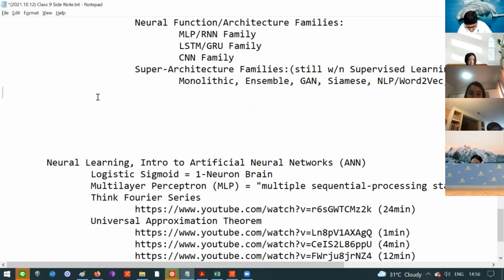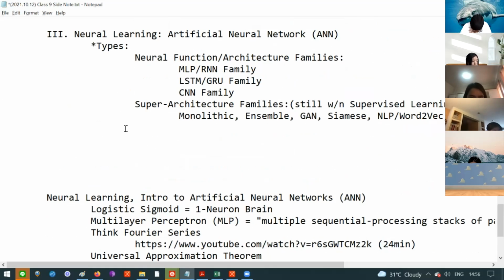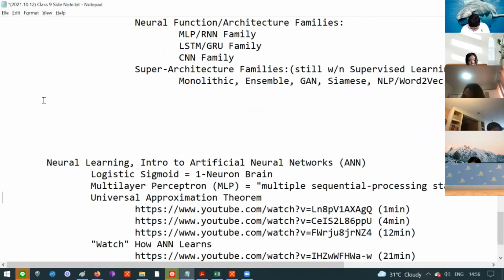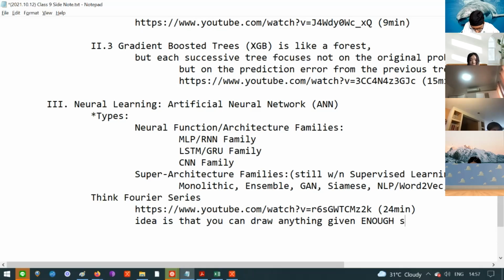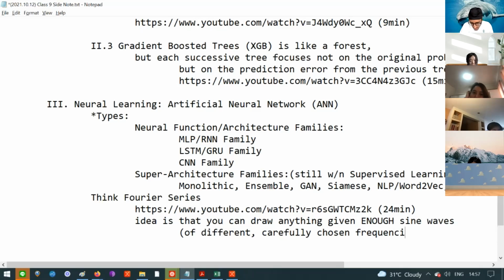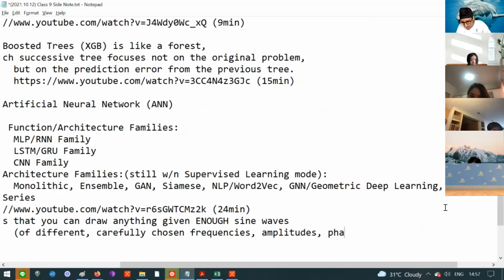So first of all, think of Fourier series, okay? The idea is that you can draw anything even with just sine waves, of carefully chosen frequency, amplitude, and also phase, but never mind.